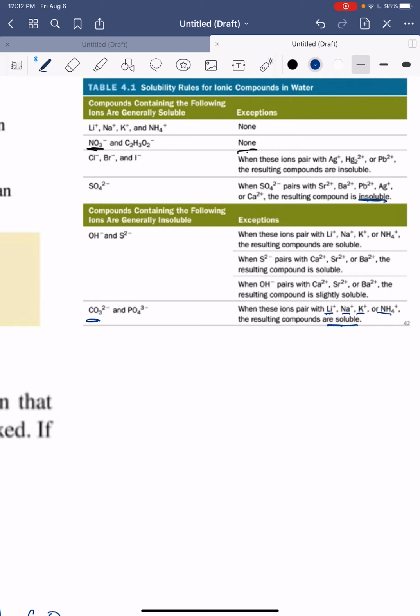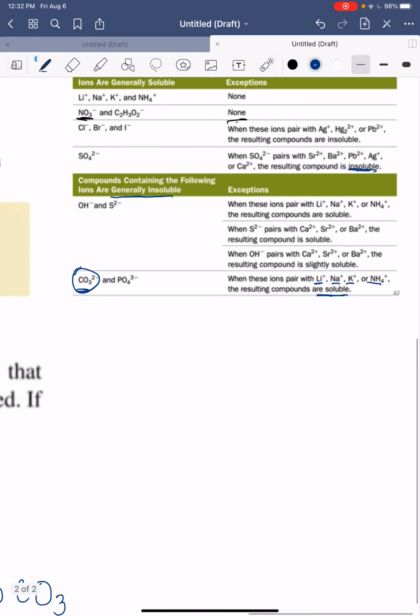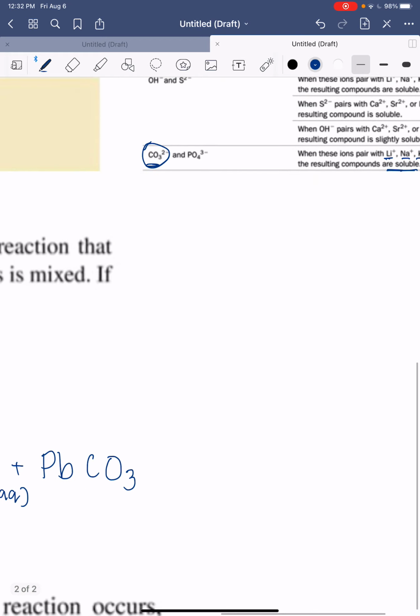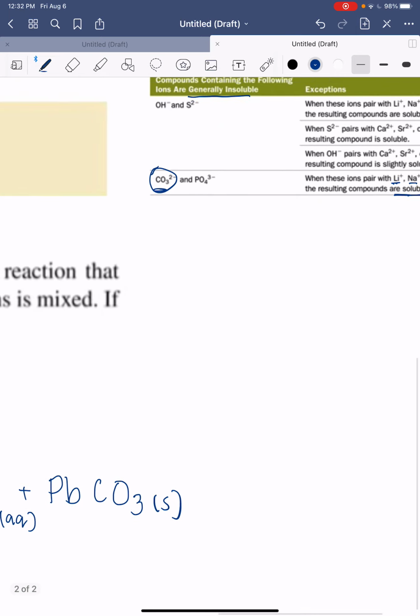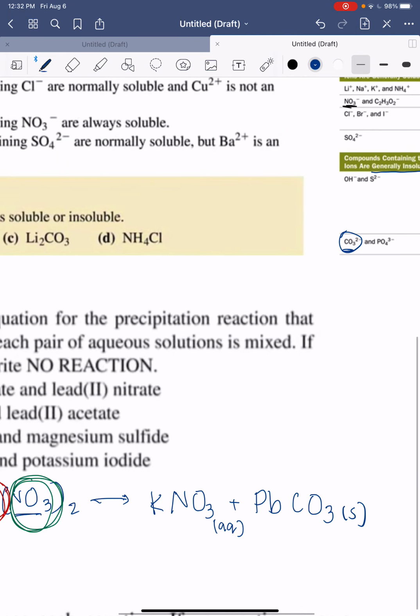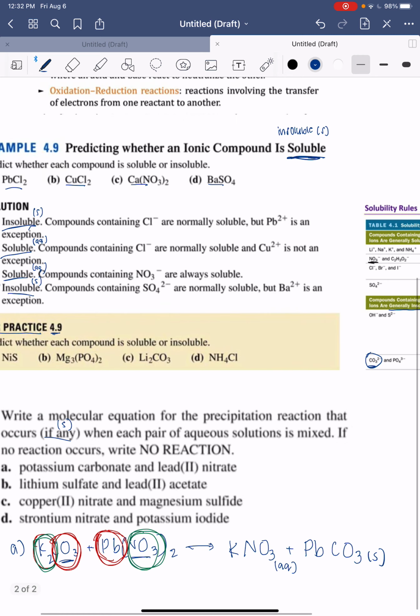Everything else besides lithium, sodium, potassium, etc., is insoluble when paired with carbonate, because carbonate is generally insoluble. Is lead listed there? It is not, which leads us to believe that lead carbonate is going to be a precipitate. It's going to be solid because it's insoluble. And a precipitation reaction does occur in this case.